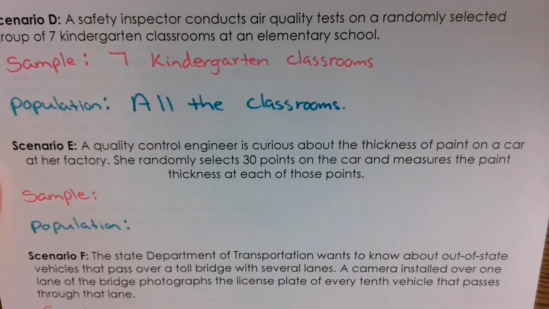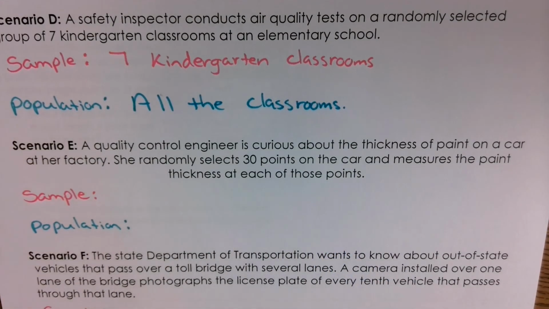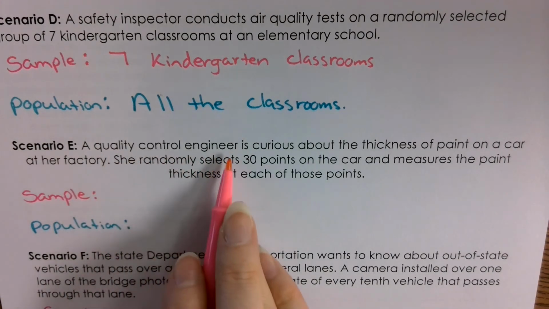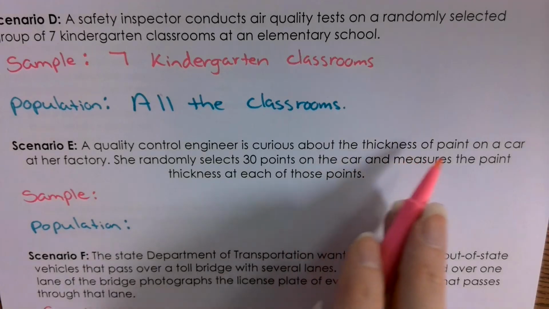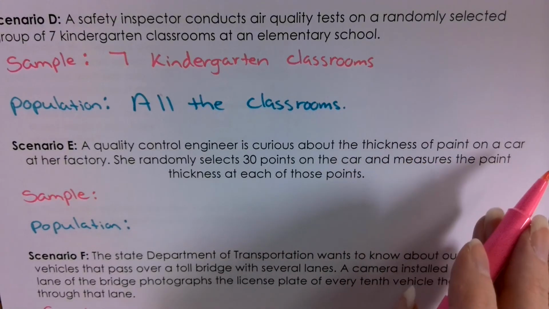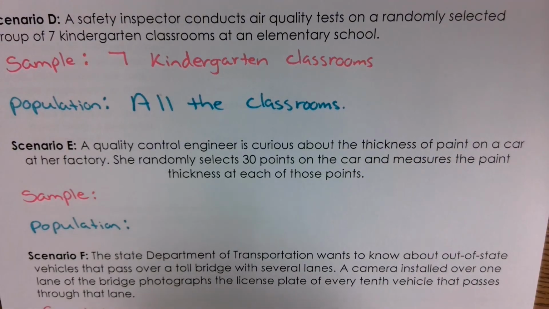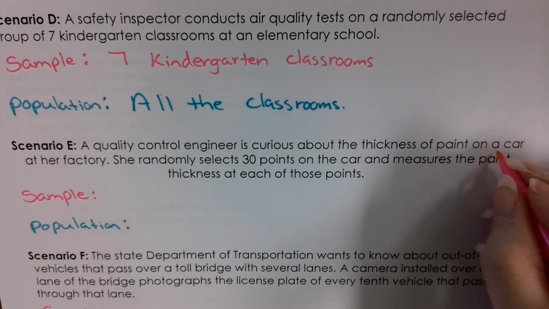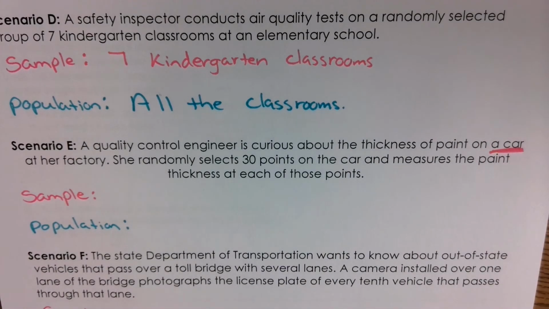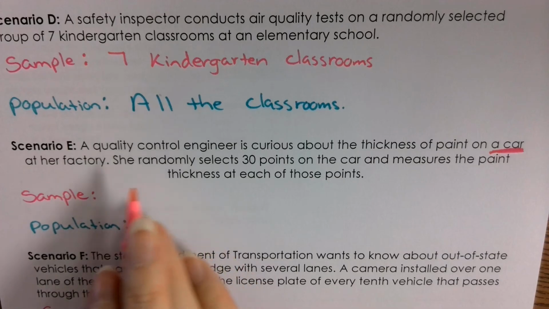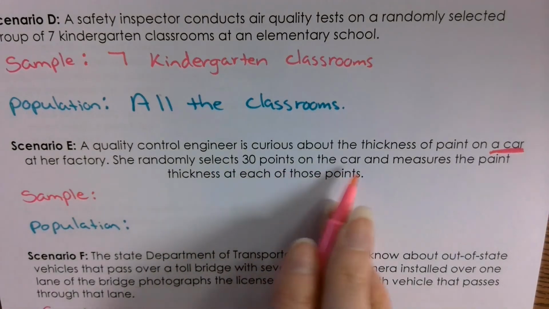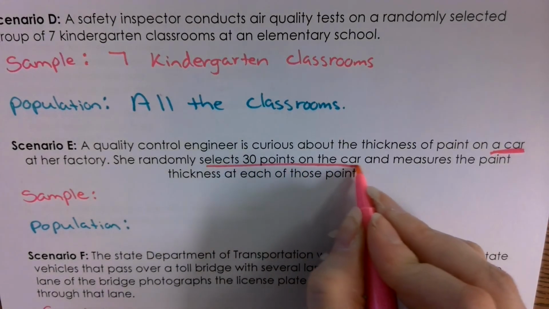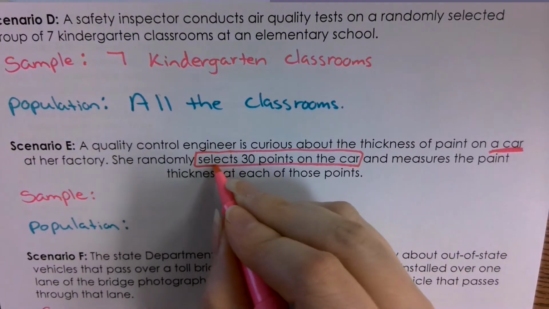Okay, all right, the reason I didn't want you to do E is because E has been giving people trouble today. So for E, it says a quality control engineer is curious about the thickness of paint on a car in her factory. So she's focusing on just one car, just a single car. So what she's going to do is she's going to randomly select 30 points on the car and test it.